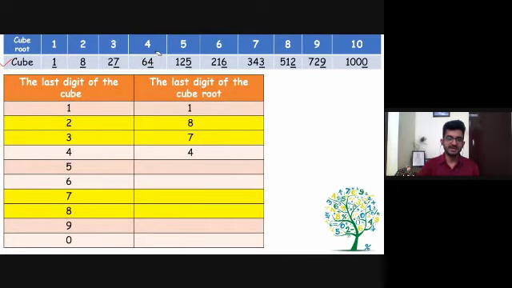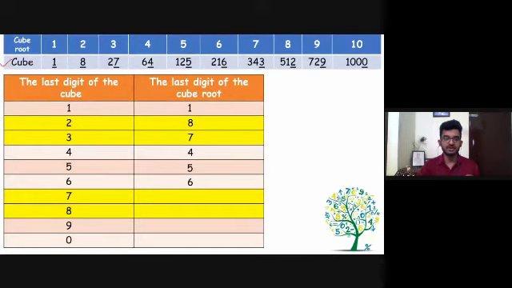Then go for 5. So you have 125 which is ending with 5, and its cube root is 5. For 6, 216, so its cube root is ending with 6. Then for 7, you see where you have a number which is ending with 7?